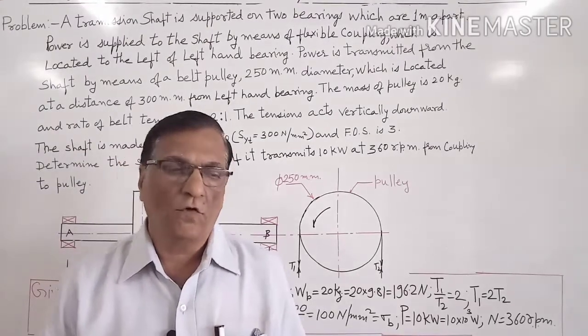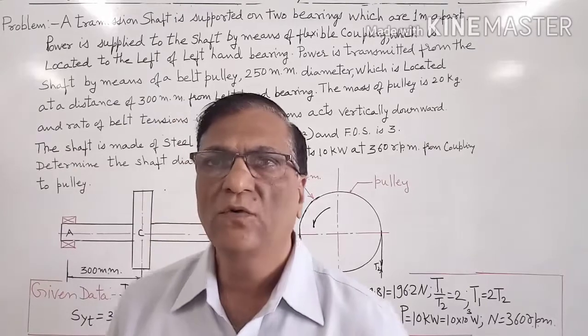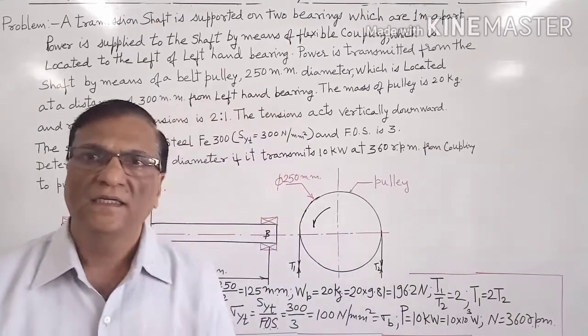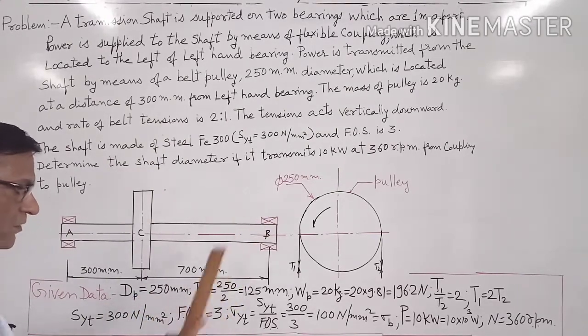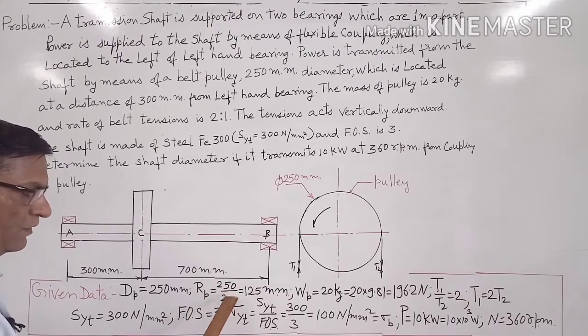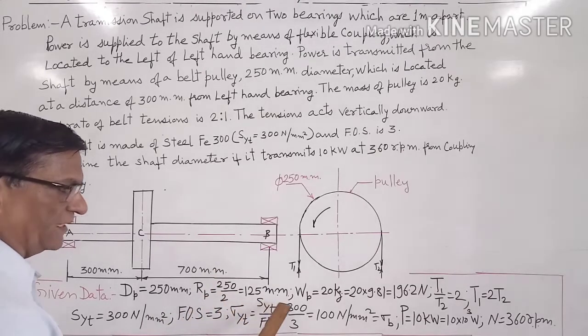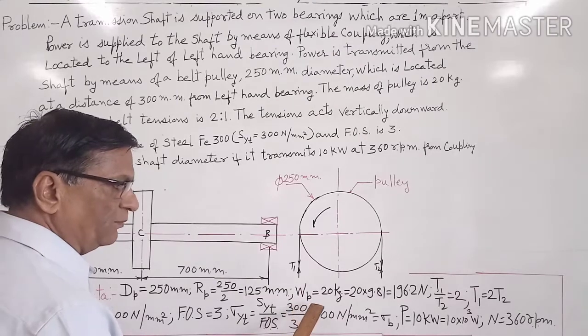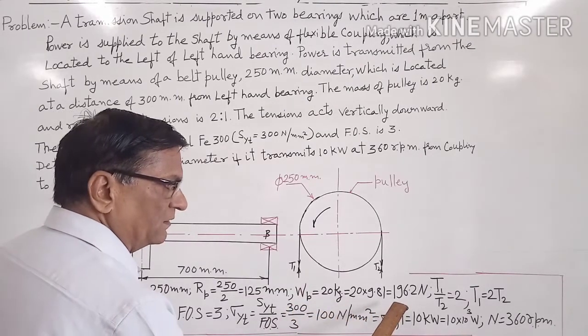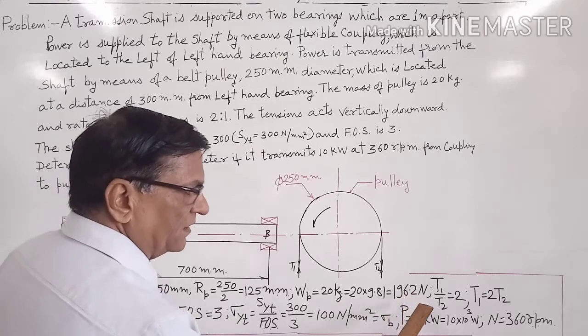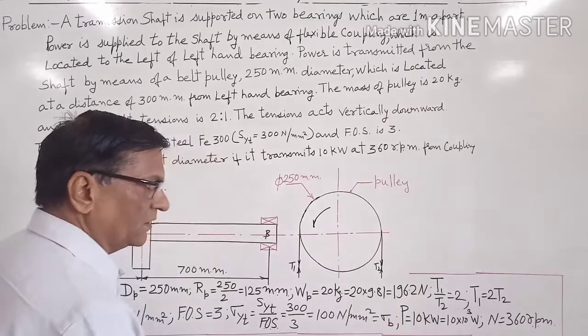Now first of all we write down the data given. Diameter of pulley dp is 250 millimeter, means the radius of pulley rp is equal to 250 by 2, that is 125 millimeter. Weight of the pulley Wp is equal to 20 kg, that is equal to 196.2 Newton.